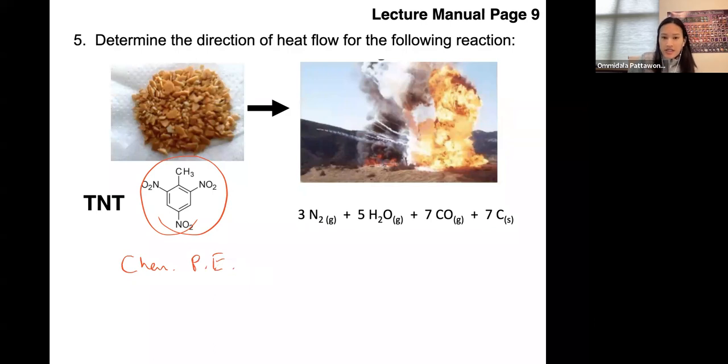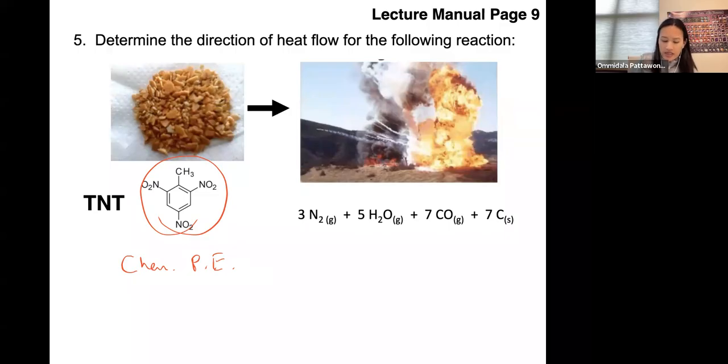So as we see in this case, as the TNT undergoes explosion, it produces tons of heat, right? Tons of light, tons of sound, right? So this reaction is considered to be exothermic, right? Because it's actually giving up a lot of energy.